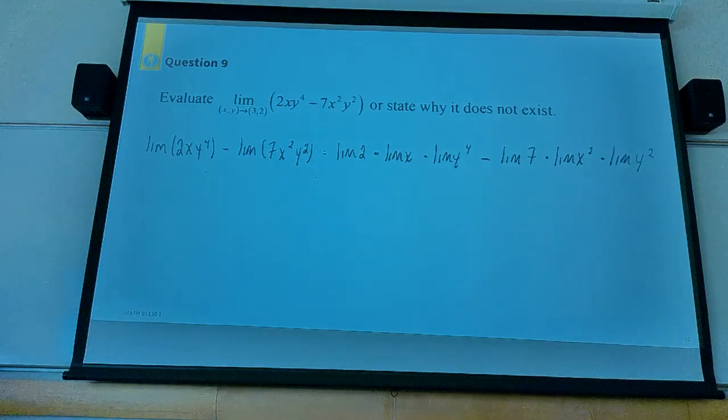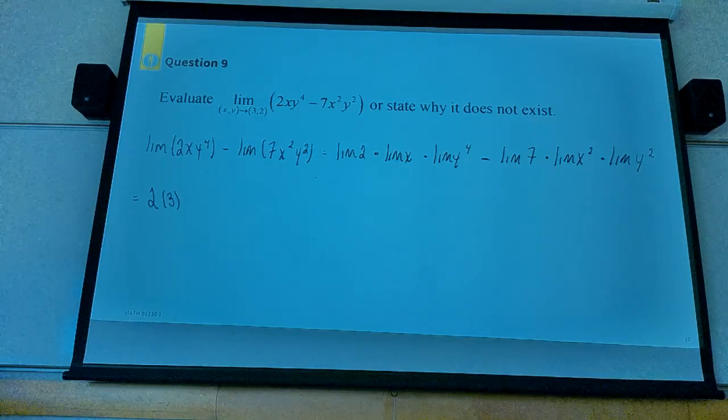Product. Let me do it this way. Limit of 2, that's the constant. Limit of x. We can just treat it as the limit as x approaches 3 of x, which is just 3. Power property.